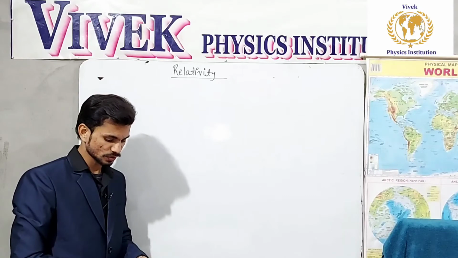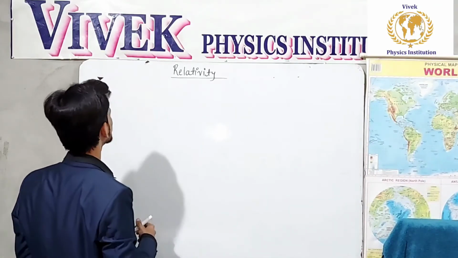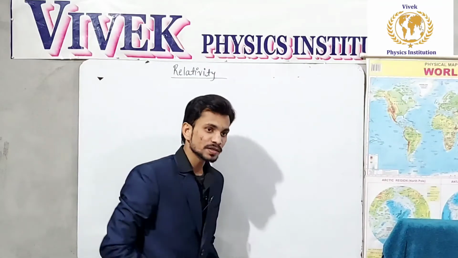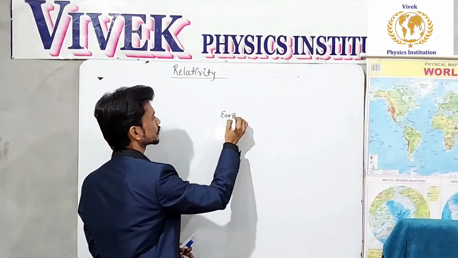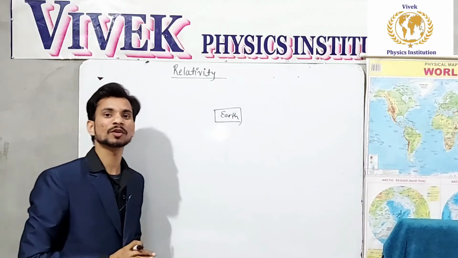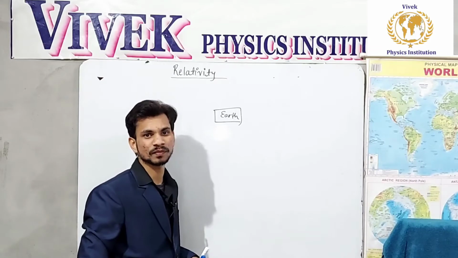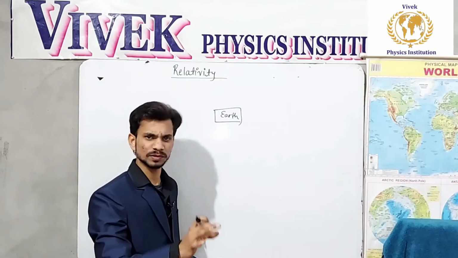One thing you should also know about frames of reference is, if we consider the Earth, which kind of frame of reference is the Earth, inertial or non-inertial? So let us consider a phenomenon in which a particle is at rest.